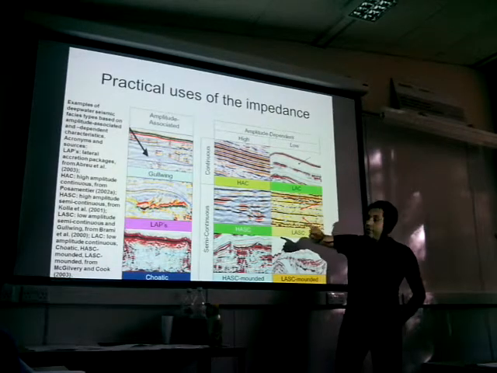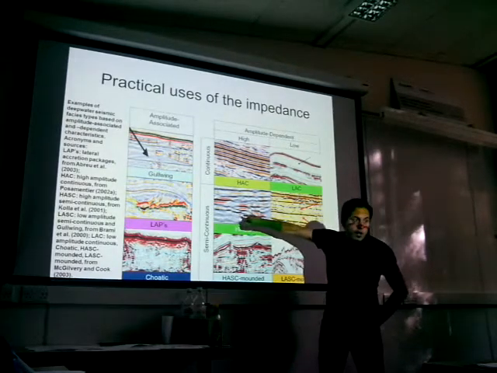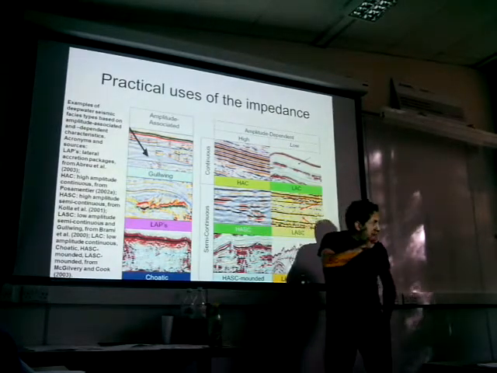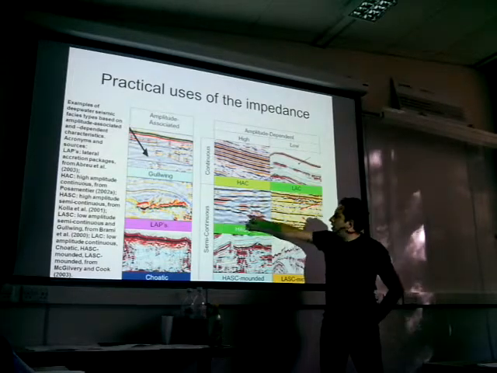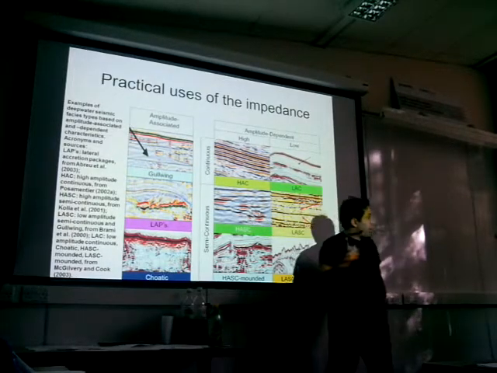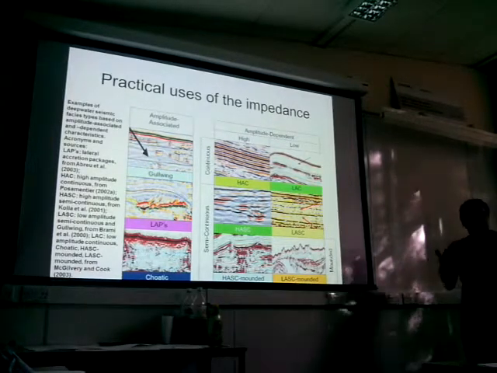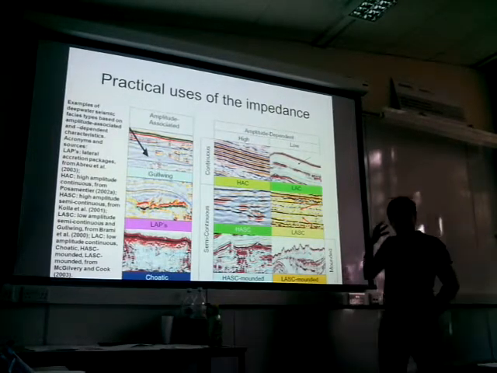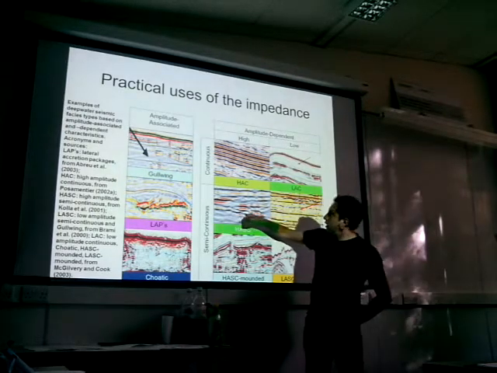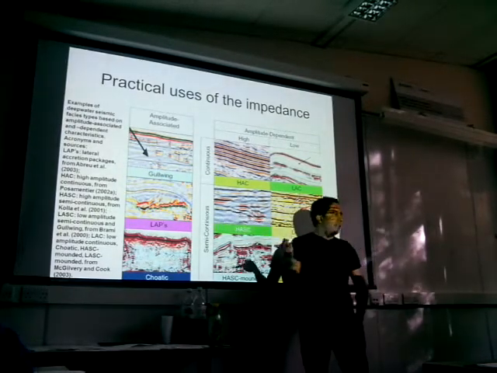So it's telling you there is some kind of content inside the unit that is a kind of continuous reflector. In some cases, it's disappearing, so you don't have a proper reflection. In some cases, the two impedance contrasts are so equal that you lose a lot of amplitude laterally. So something is happening there.